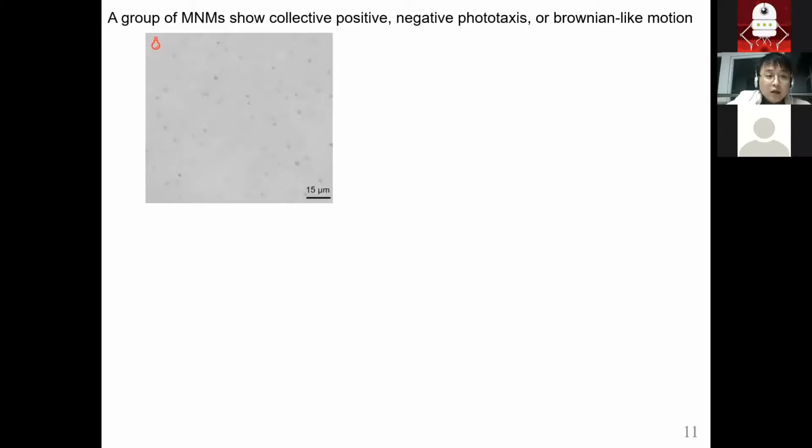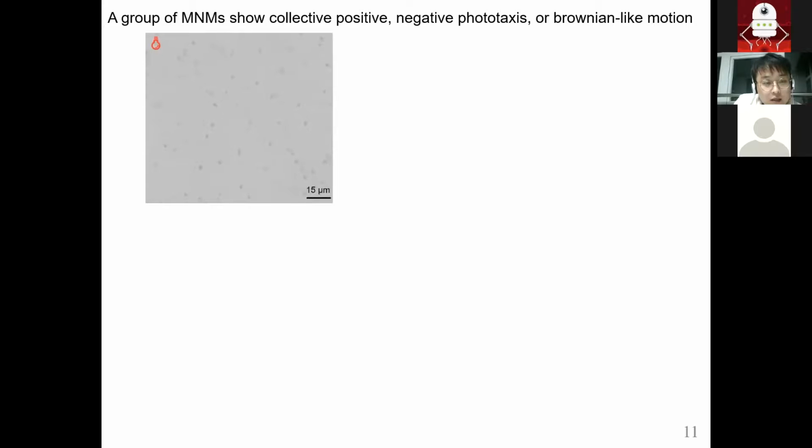Okay, we also observe a group of micromotors. You can see it in this movie. Under weak light, there is positive phototaxis, and under a medium intensity of light, they only exhibit Brownian-like motion.